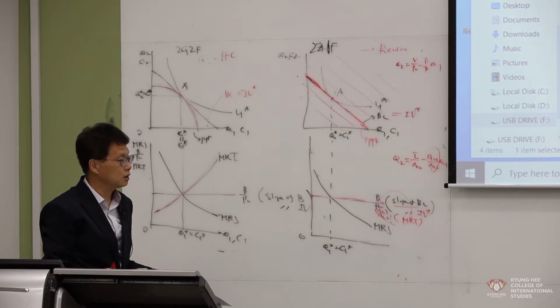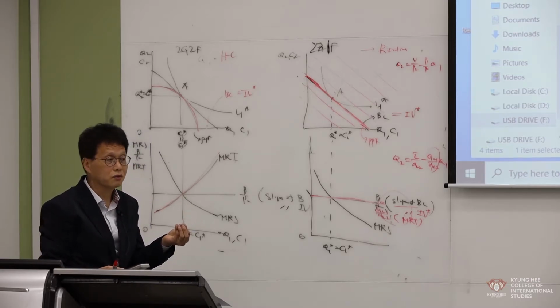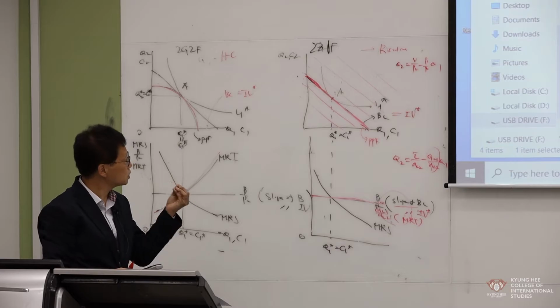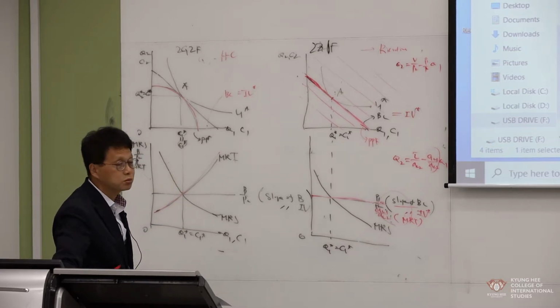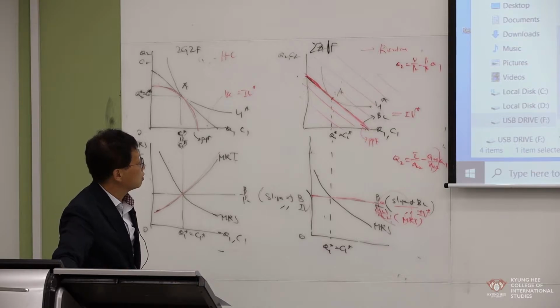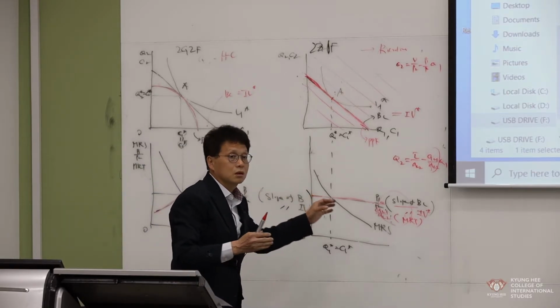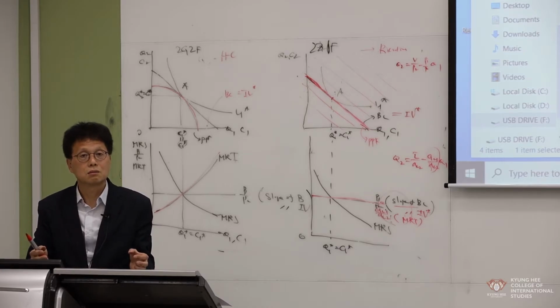The budget constraint is the consumption bundles of two goods this country, this consumer, can afford, right? So consumption. And the iso-value line is the value of the product, in other words, production of two goods, or simply GDP, right? So production should be equal to consumption in equilibrium, right?